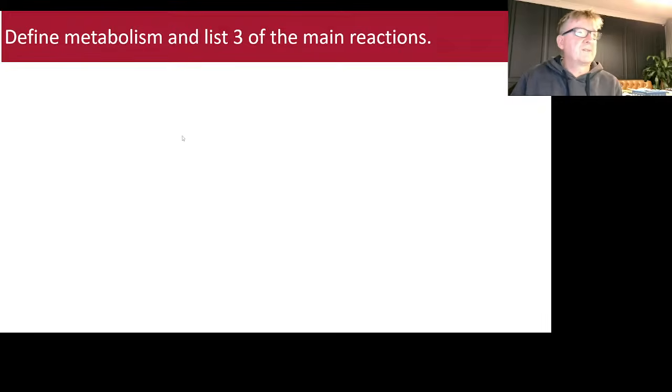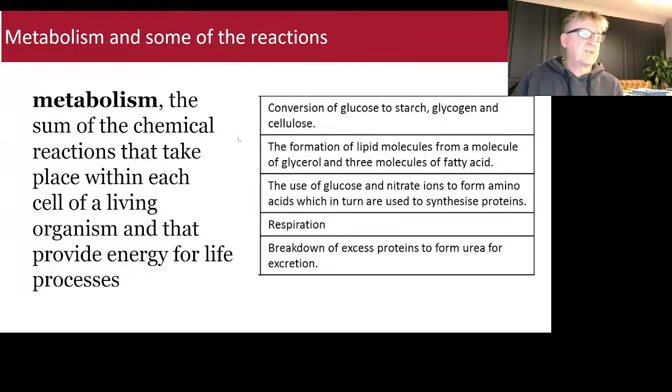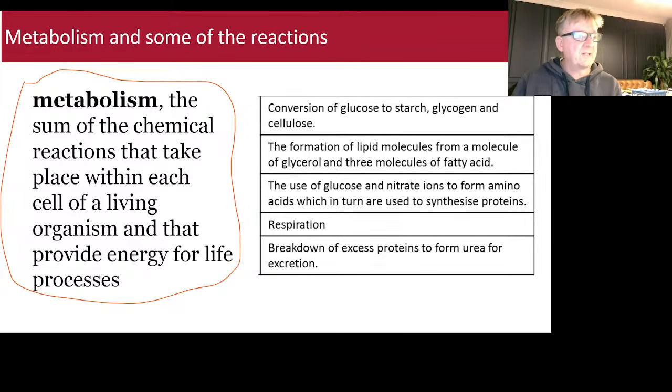Quick definition question, define metabolism and list 3 of the main reactants. Metabolism is the sum of all the chemical reactions that take place within each cell of a living organism that provide the energy. A few of the reactions could be conversion of glucose to starch, it could be making lipids, it could be using the glucose, it could be respiration, and it could be the breaking down of proteins to form urea in excretion.